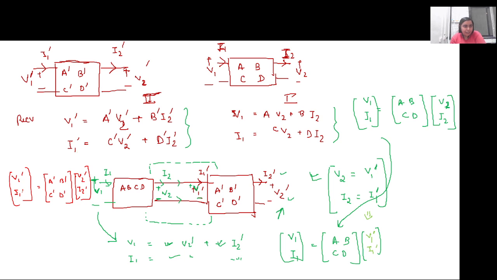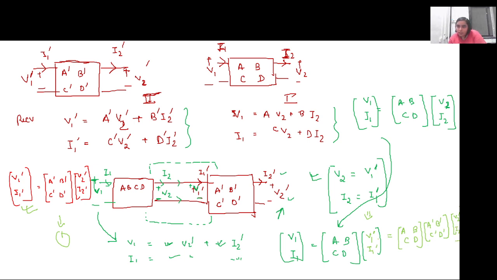Now we have a relation between V1 dash and I1 dash from the second network. So I'll replace V1 dash and I1 dash, and the AB and CD parameters remain as they are. I'm replacing V1 dash and I1 dash from equation 1, so in place of that I am writing A dash B dash C dash D dash into V2 dash by I2 dash.